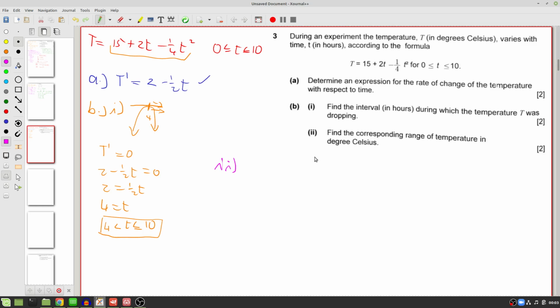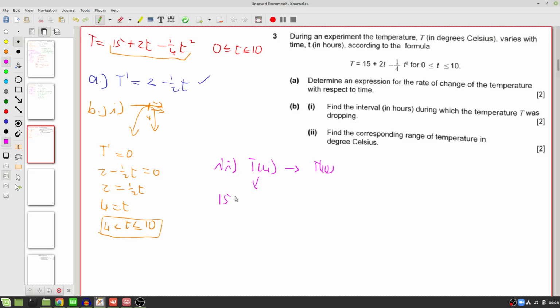So B2 says find the corresponding range of temperature in degrees Celsius. So the range of temperature from here to here, from 4 to 10. What we do to find that is we find T of 4, and we go all the way to T of 10. So T of 4 will be when we substitute 4 into our original equation.